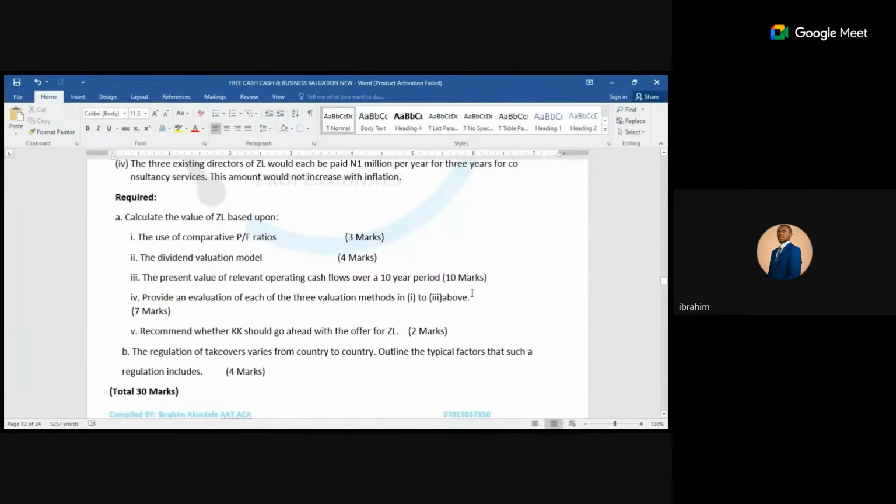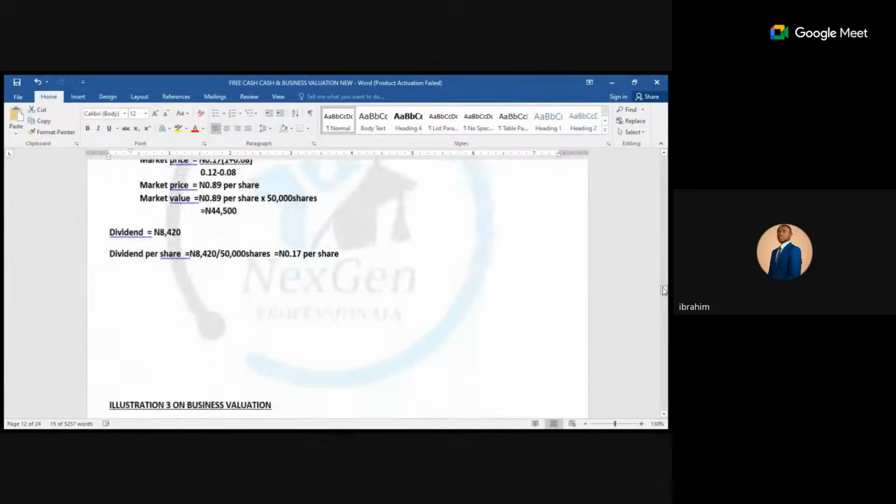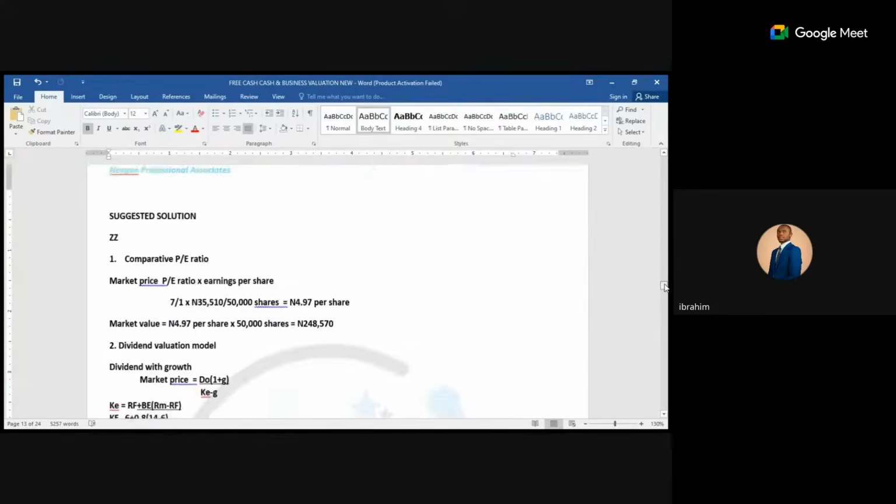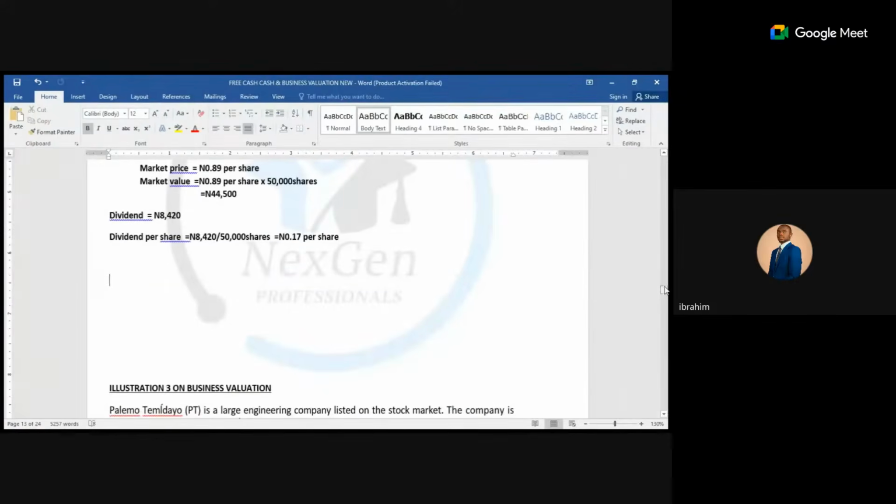The next question is on the present value of relevant operating cash flows over a 10-year period. Please pay attention to this part. So we have the three present values.